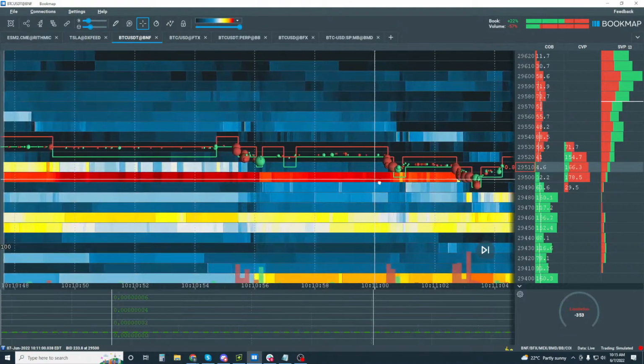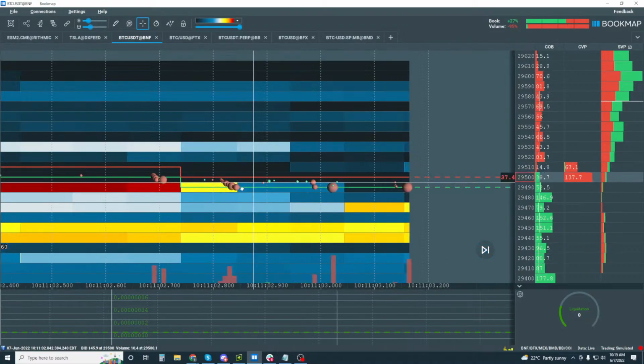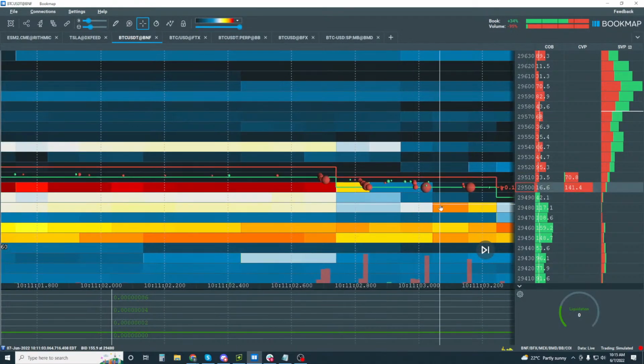Okay, we can also take a look here and see how many coins traded right in this little area. Okay, 141. So most of that liquidity in here, well, there's 204 over here. So about 60 of them were pulled.